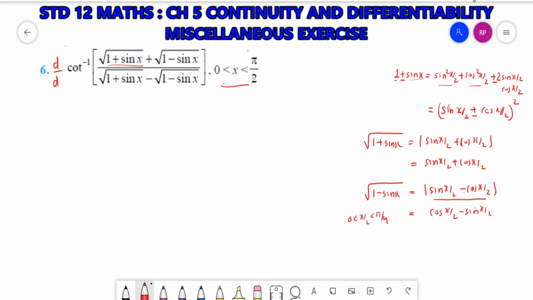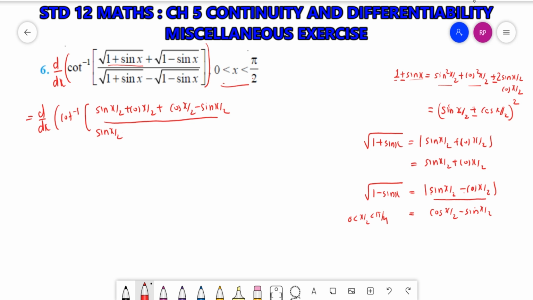Okay. When I take d by dx of this, I will get d by dx of cot inverse of square root of 1 plus sin x, that is sin x by 2 plus cos x by 2, plus square root of 1 minus sin x, that is cos x by 2 minus sin x by 2, upon, again in the numerator the same, sin x by 2 plus cos x by 2, and as it is minus, it will be minus cos x by 2 plus sin x by 2.